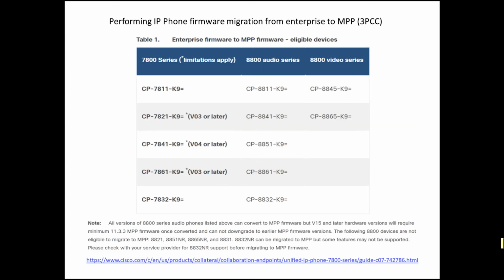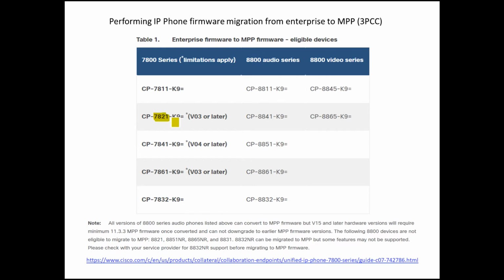Okay, so this next item is actually a chart that shows which hardware phones running enterprise firmware are eligible for the firmware migration. There are three specific phones I would like to point out, where only specific hardware versions are supported.